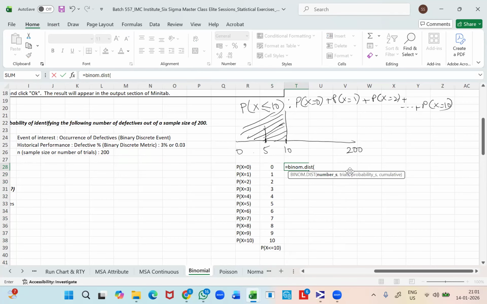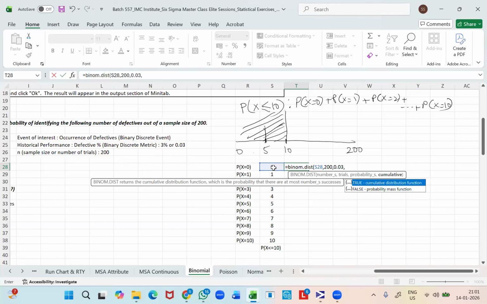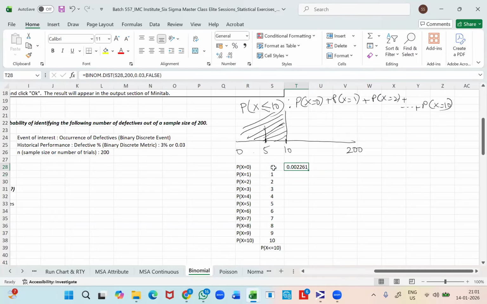The number will be, I'll just provide the reference so that I can copy paste the formula for all the other values as well. Comma, trials will be 200. Historical performance is 0.03. Since I am finding individual probability values from 0 to 10, I will give cumulative as false for this, right? So now I can simply copy paste this formula up to 10 and I can sum it up.